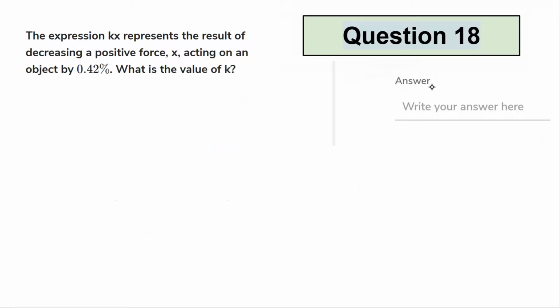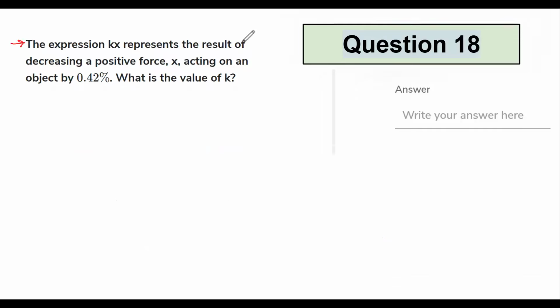So the expression kx represents the result of decreasing a positive force x acting on an object by 0.42%. What is the value of k? So kx represents the result of decreasing.